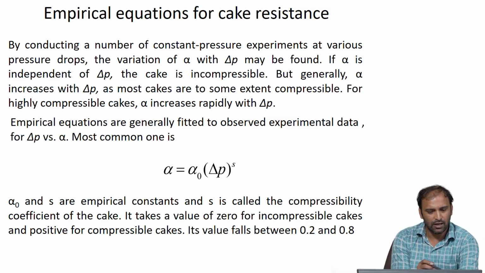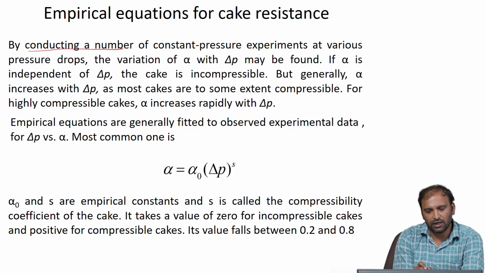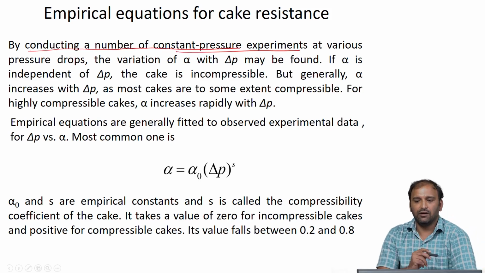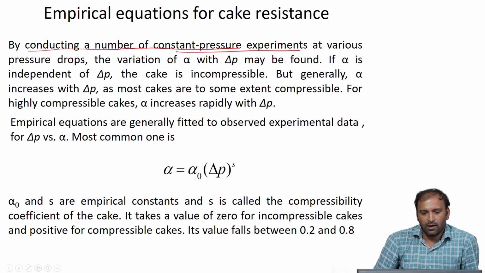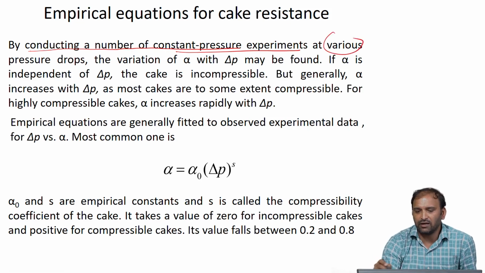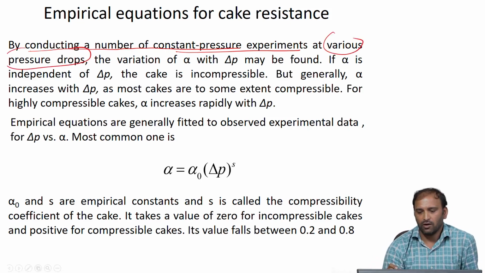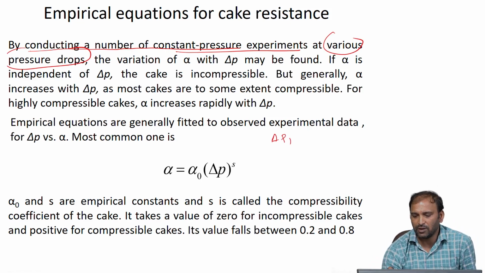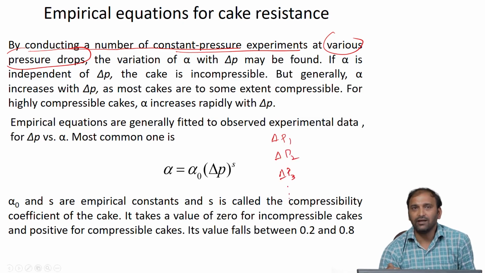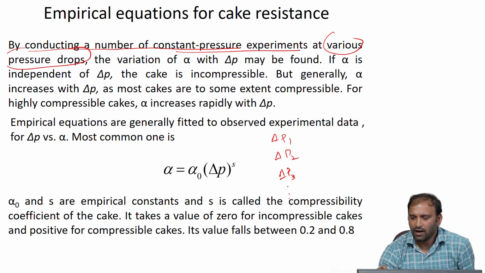So what I can do is conduct a number of constant pressure experiments. That means I maintain various pressure drops. Okay, that is, I do experiments at delta P1, delta P2, delta P3, like that, and then I calculate what is Rm and what is alpha.